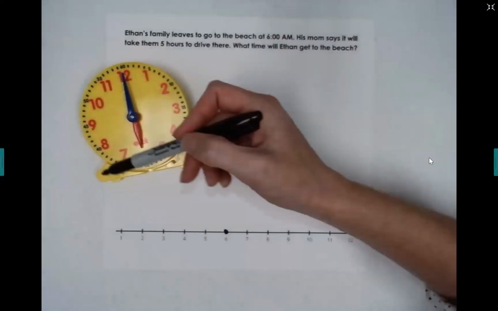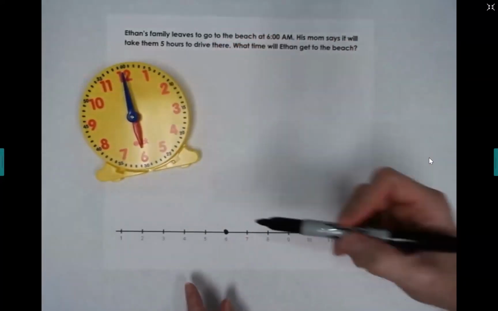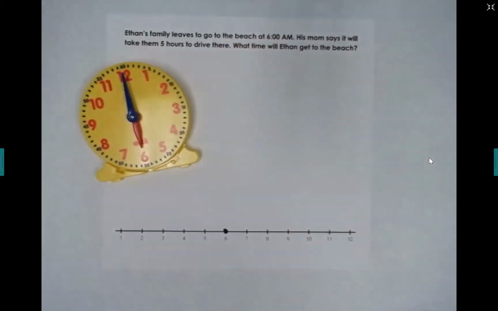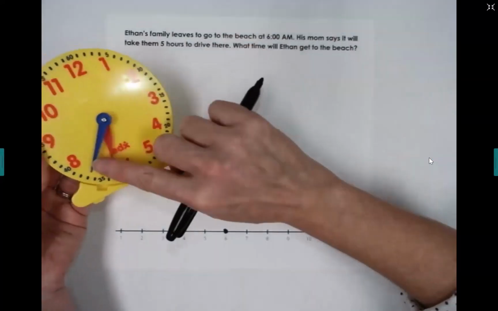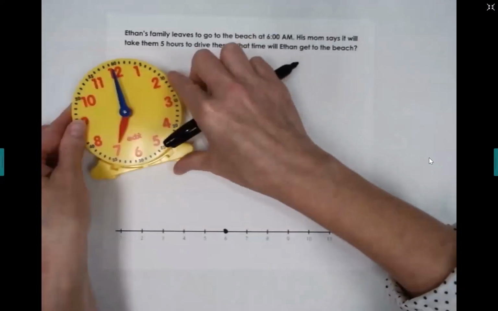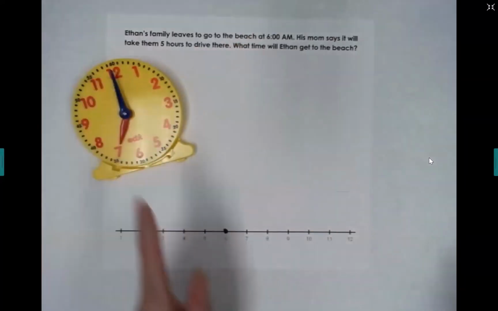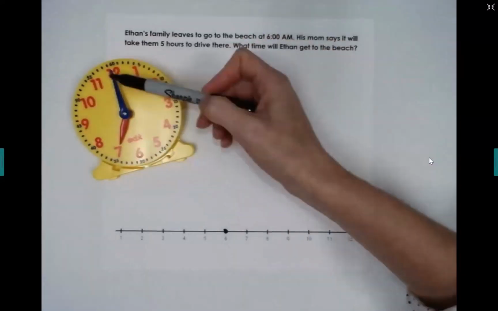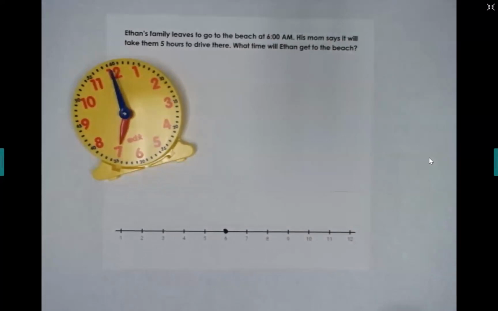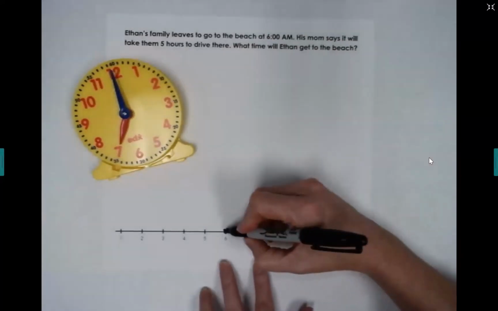Okay, and his mom says it will take them 5 hours to drive there. So as each hour goes by on the clock, I'm also going to make a hop on my number line. Okay, so we can model this for students so that they can see, oh, the minute hand went all the way around, one full rotation. It's back at the 12. When I read my clock, I can see that it's 7 o'clock.